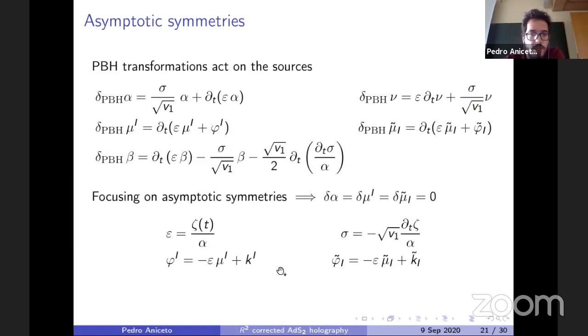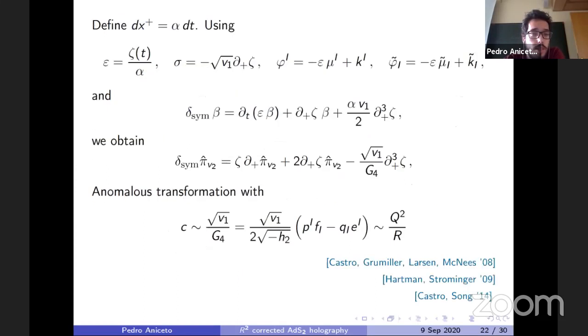So plugging this subset of symmetries into the transformations of the gauge fields and of the Fefferman-Graham modes, we find, defining a new time coordinate based on the square root of the renormalized metric at the boundary, that they can be rewritten in this form, and that the beta mode transforms with an anomalous term.